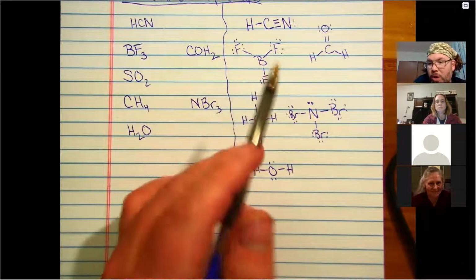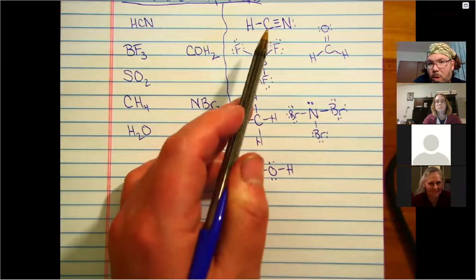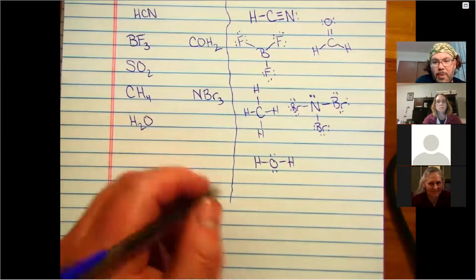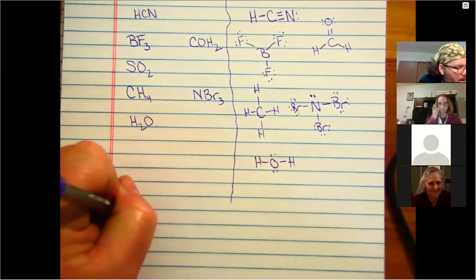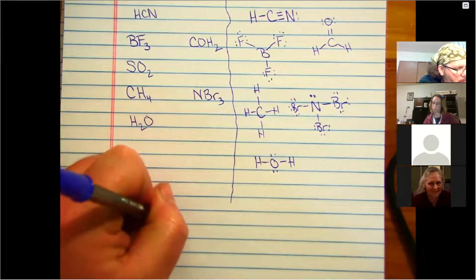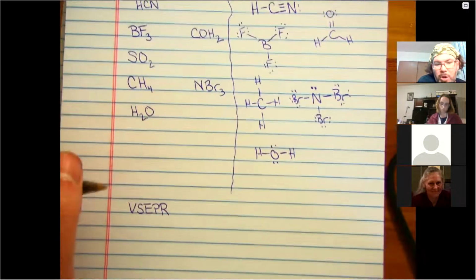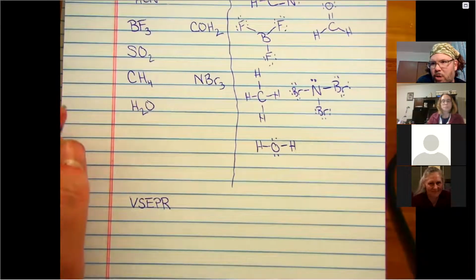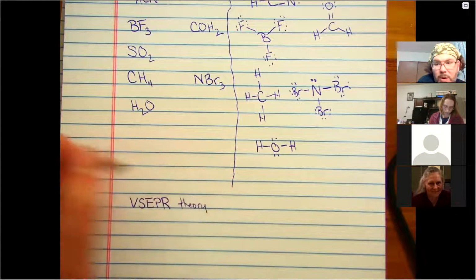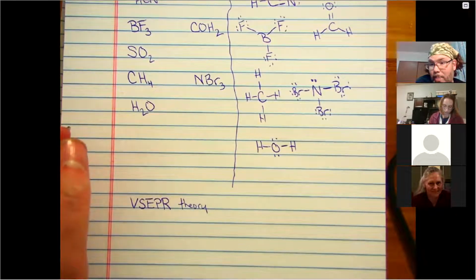We're going to start with the easiest one, which is HCN. In order to talk about shape, we use this theory with a cool acronym called VSEPR theory. VSEPR theory is the theory that allows us to predict the shape around an atom in a Lewis structure.